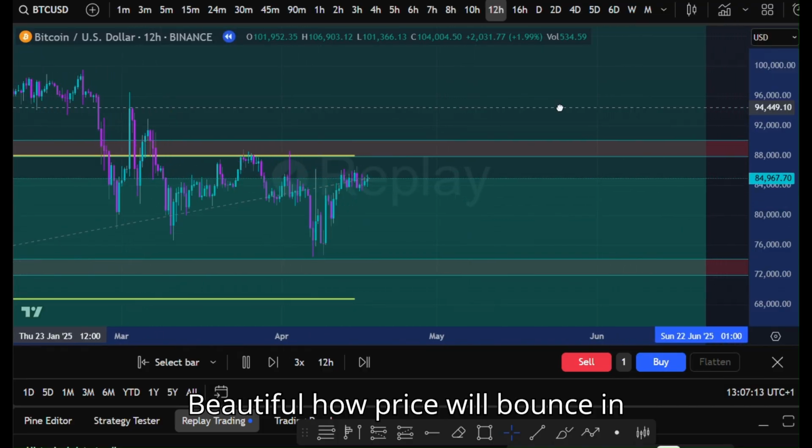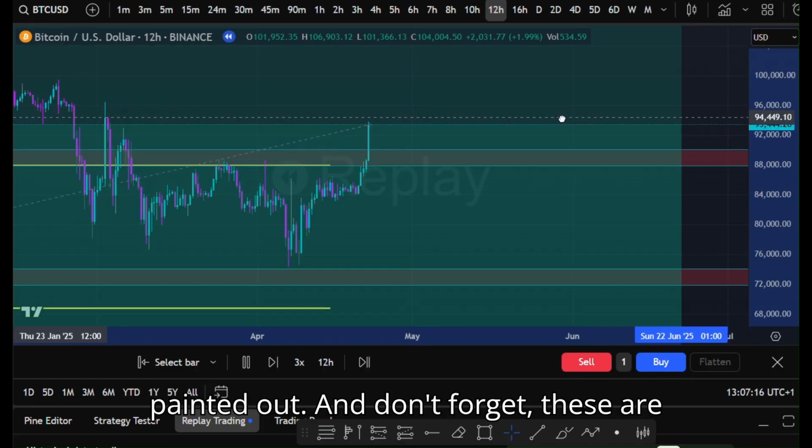Beautiful how price will bounce in between these two ranges that we've painted out.